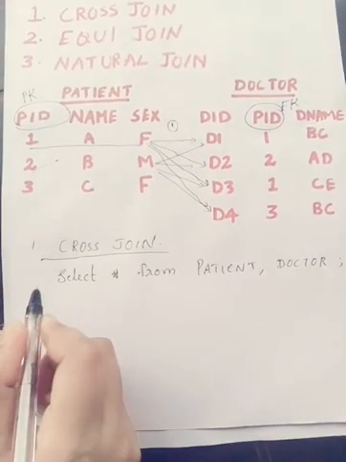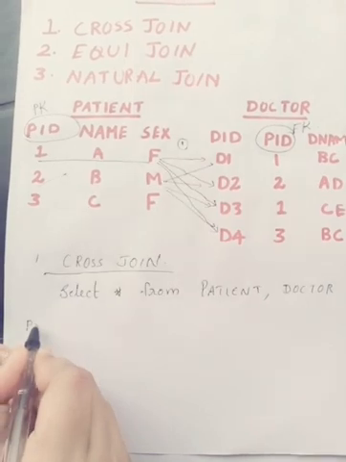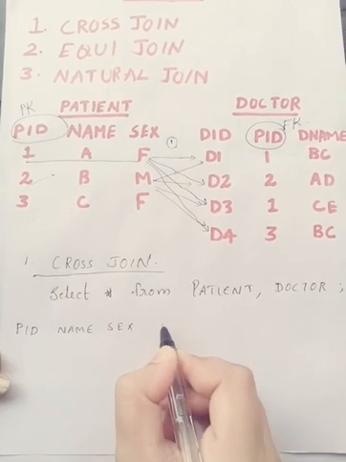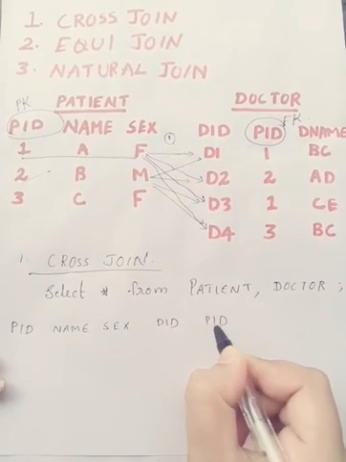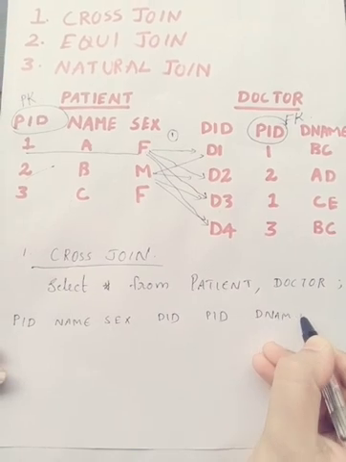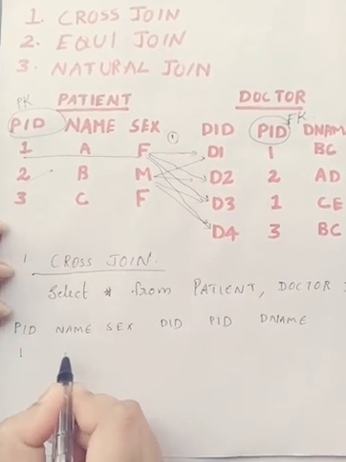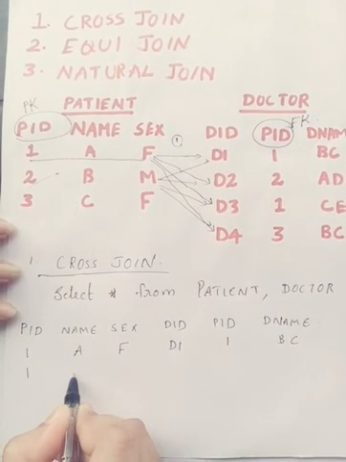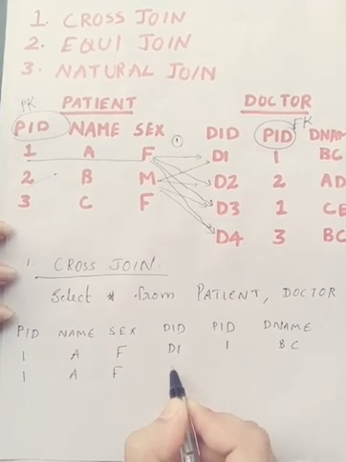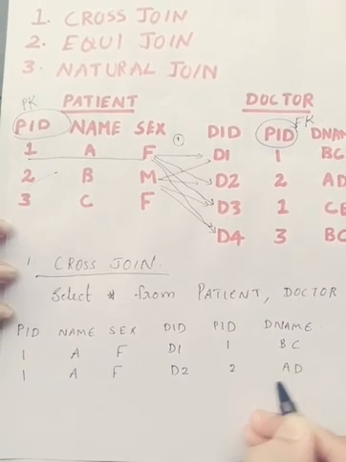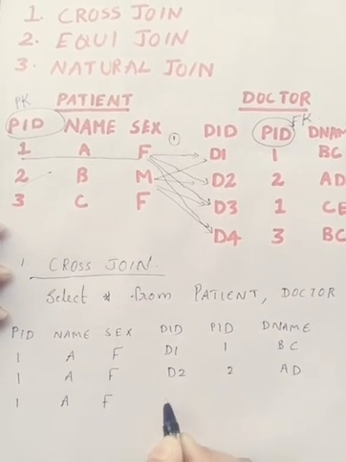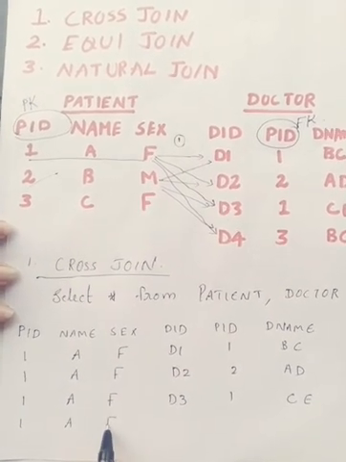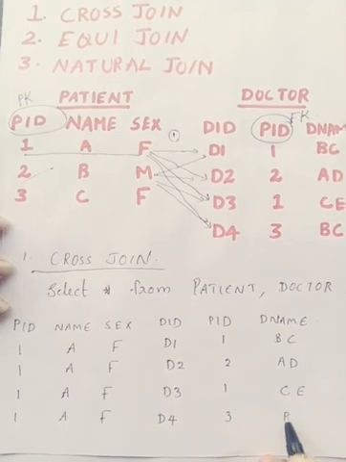Our result should contain 6 columns: PID, name, sex, DID, PID, DName. So 1 A F D1 1 BC, 1 A F D2 2 AD, 1 A F D3 1 CE, 1 A F D4 3 BC.